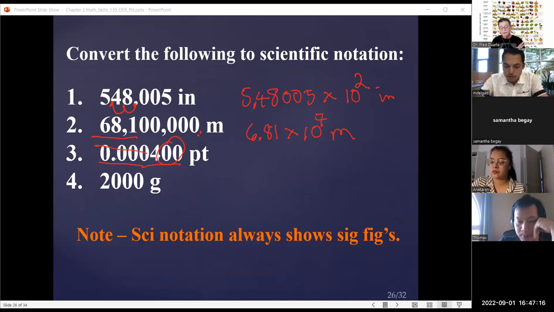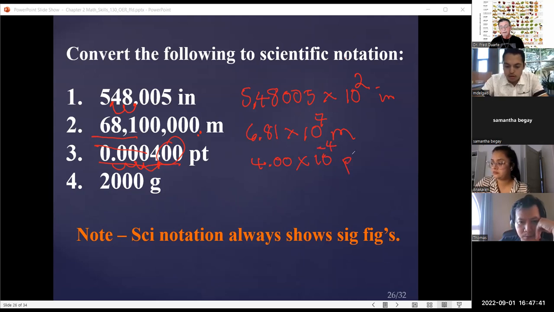In this case, it's a number less than 1, so I'm going from left to right. So I got 1, 2, 3, and 4. Find the last integer, the first integer, and stop right afterwards. So 4.00 times 10 to the, I say, 1, 2, 3, and 4, times 10. Don't forget this, -4.